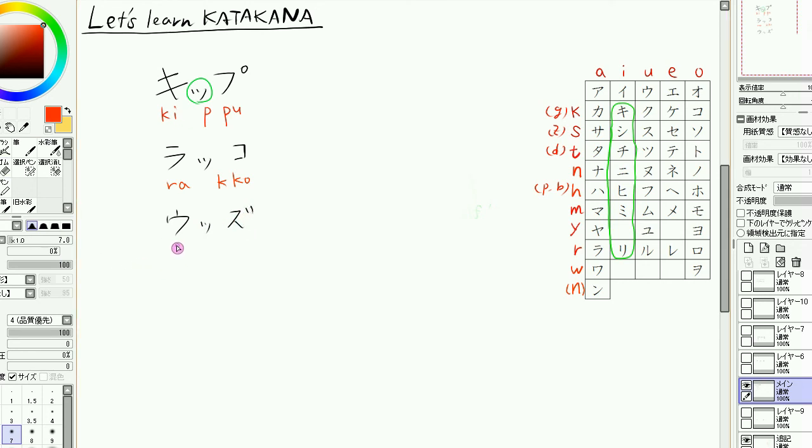Okay. If it weren't for this small tsu, it would be uzu. However, if we have small tsu, you put another z here, and it will be uzzu.